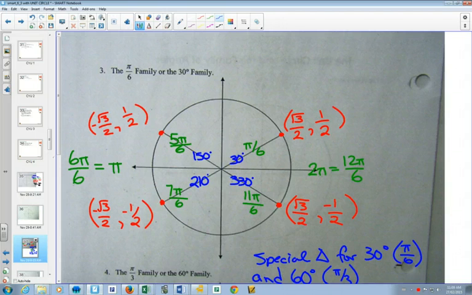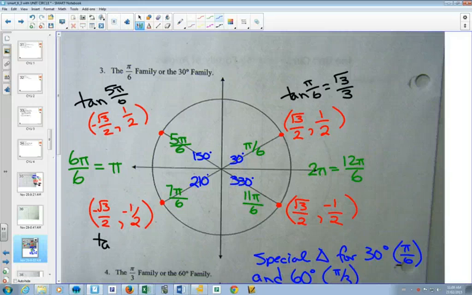And finally tan, and again I'll write it with the radians. Tan of pi over 6, when we rationalize the denominator, was root 3 over 3. So now all the tans are going to be the same. The only difference is based on the cast rule. Quadrant 2 is going to be negative. Quadrant 3 is positive again.